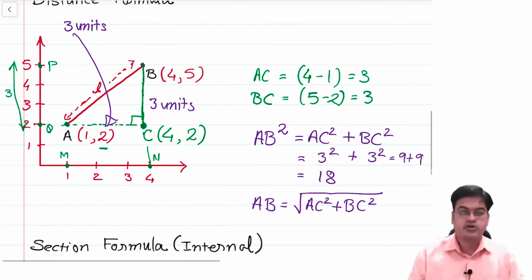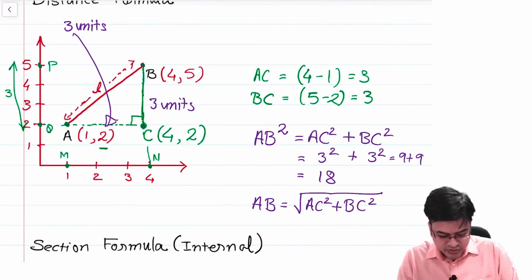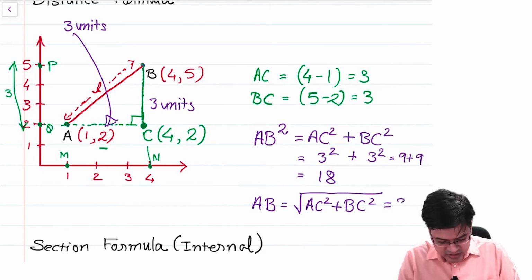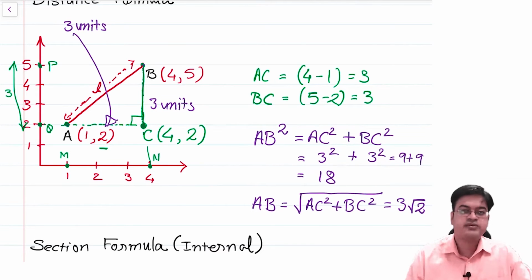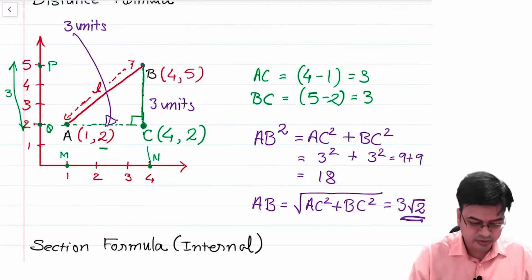Because we are talking about length, which cannot be a negative number, I am taking the positive square root, which is square root of 18. That essentially means it will be 3 root 2, because 9 into 2 is 18, and the square root of 9 is 3, and the square root of 2 remains root 2. So this gives me the answer for this particular problem.